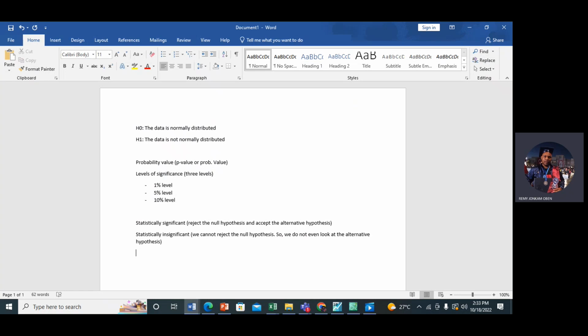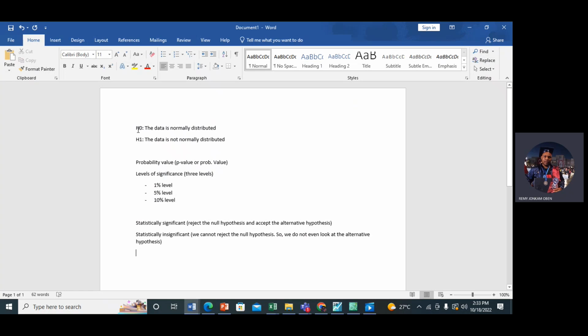So if you reject the null hypothesis, you are going to accept the alternative hypothesis. But if you cannot reject the null hypothesis, then you don't even look at the alternative hypothesis. And again, don't say that you are accepting the null hypothesis. Just say that we cannot reject the null hypothesis. It ends there. I hope that is clear.